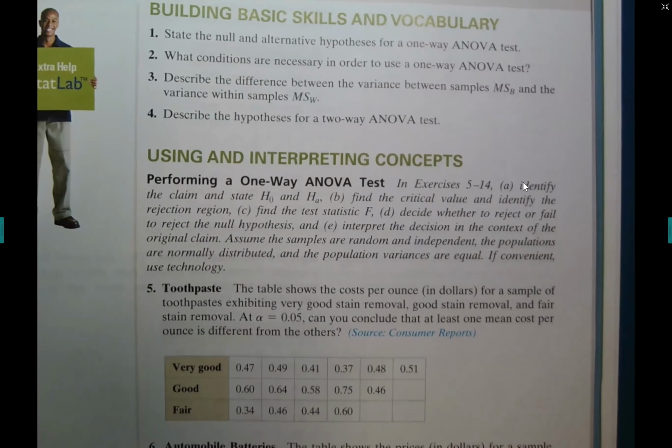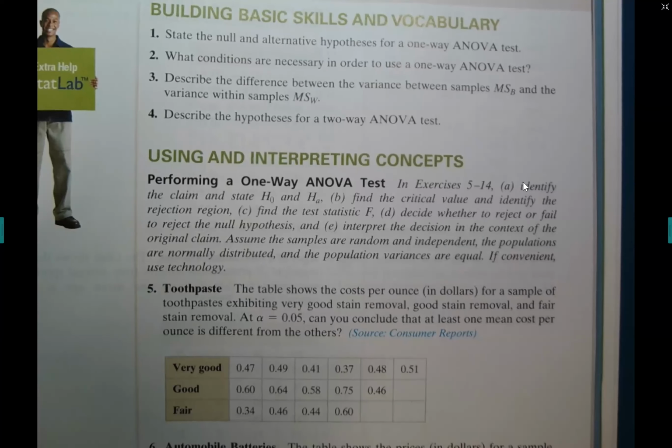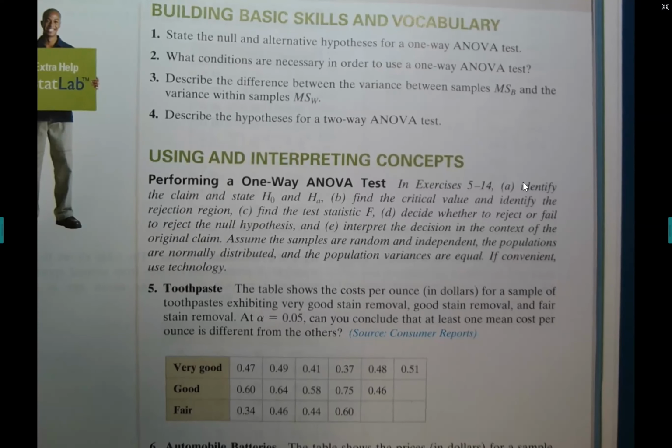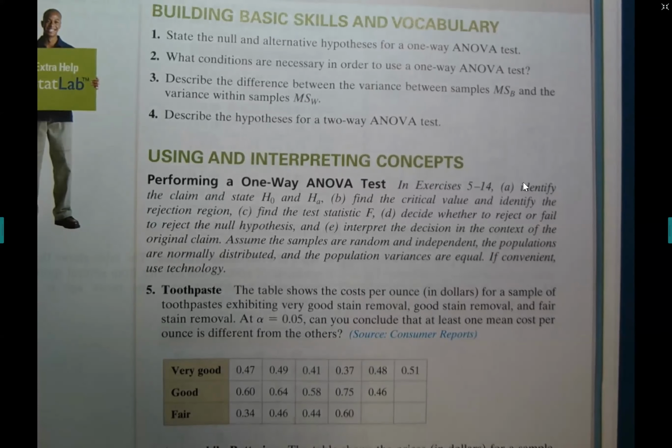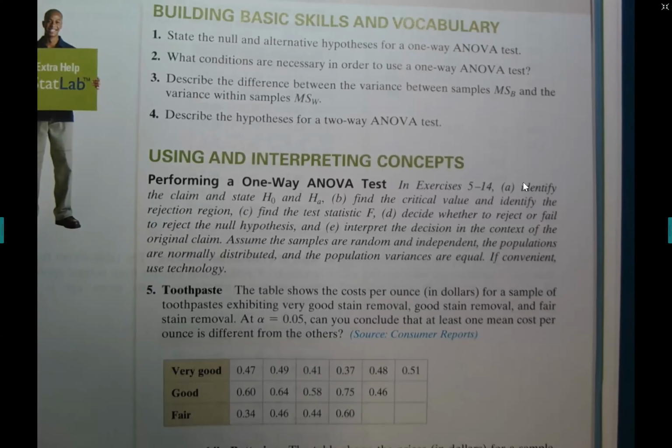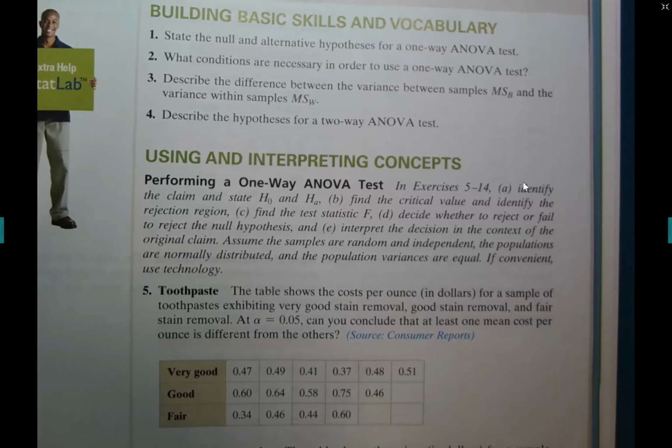The table shows the cost per ounce in dollars for a sample of toothpaste exhibiting very good, good, and fair stain removal. You see you have 3 samples, more than 2. At alpha equal 5%, can you conclude that at least one mean cost is different from the others? So we want to check if the average cost is the same or different.